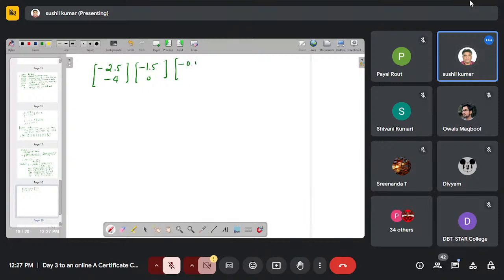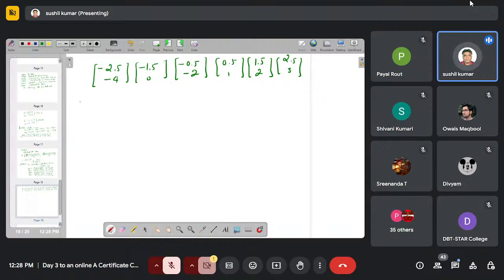Next you have minus 0.5 and minus 2, and 0.5 and 1, and 1.5 and 2, and 2.5 and 3. So this calculation we have done.